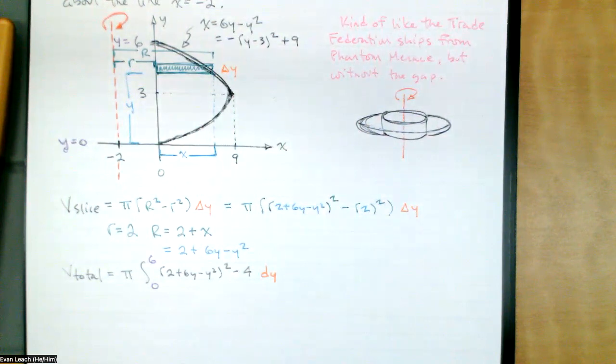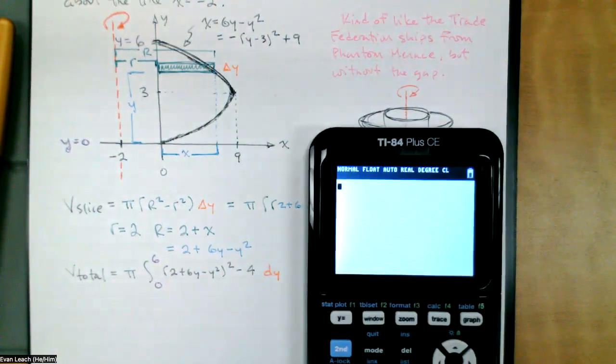If we were going to do this integration by hand, then we would want to square that polynomial. But since we are armed with a calculator, we're not going to mess around with it. We're just going to math 9 our way out of this.